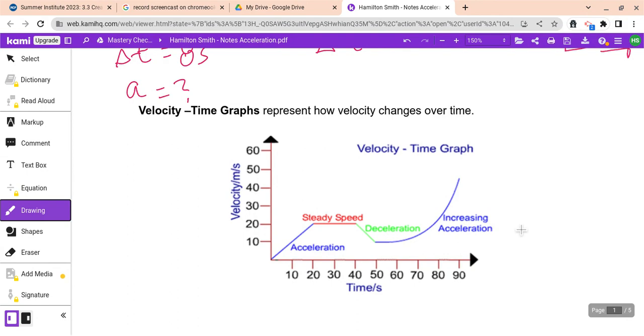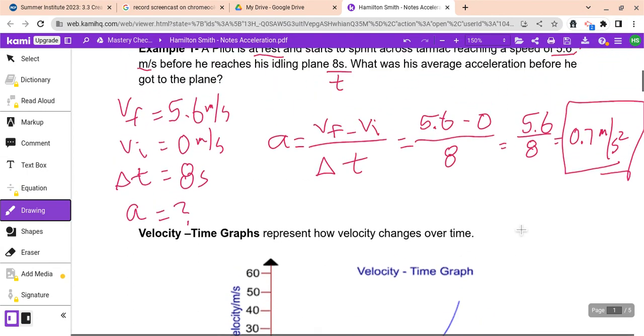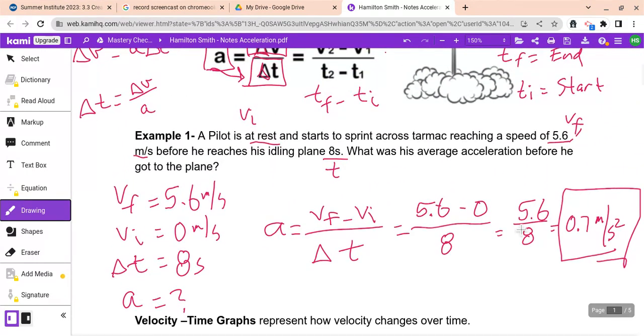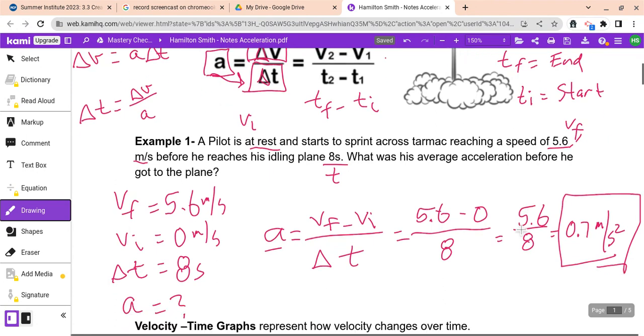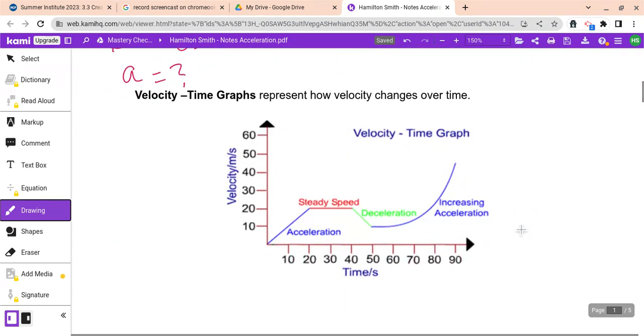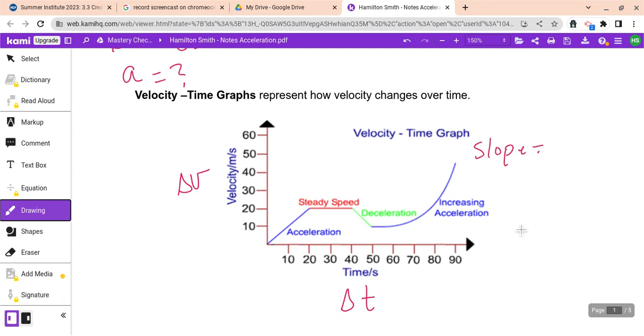Now, looking below here at the velocity time graph, I just want to make the relationship, because mathematically, when we're looking at what is acceleration, we know it's delta v over delta t. In the graphical world, I want to show how that represents slope when we have a velocity time graph. Remember, slope of a graph is always equal to change in y over change in x.